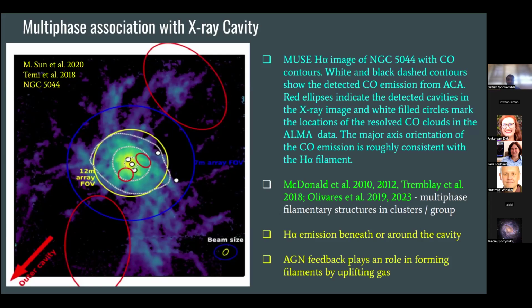It indicates that this AGN feedback, the bubbles or cavities, are forming the filaments by uplifting the gas from the core. This kind of feature is visible in many groups and clusters with such filamentary structures.